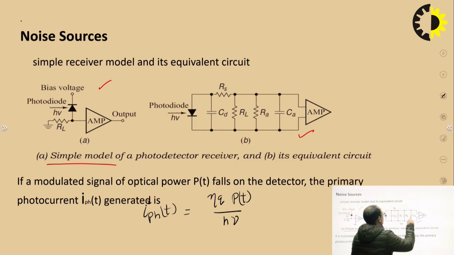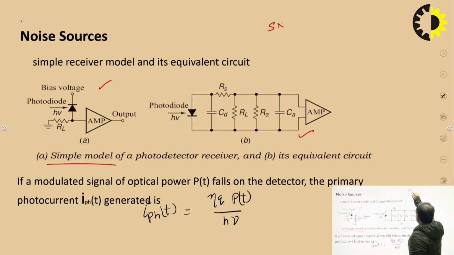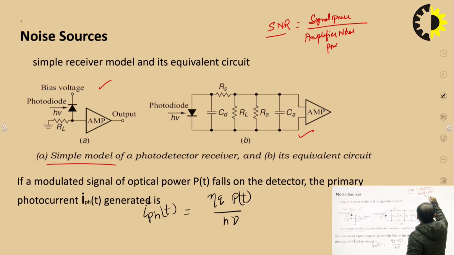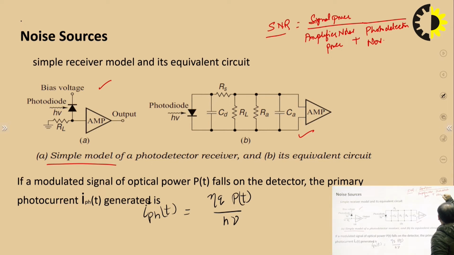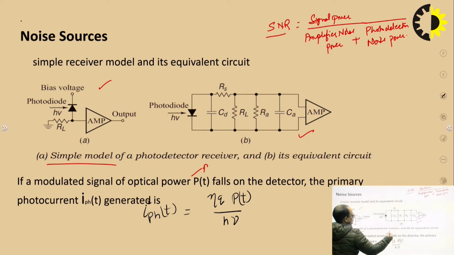So now my aim is to calculate the SNR, and this SNR is equal to signal power divided by the amplifier noise power plus photodetector noise power. Clear?